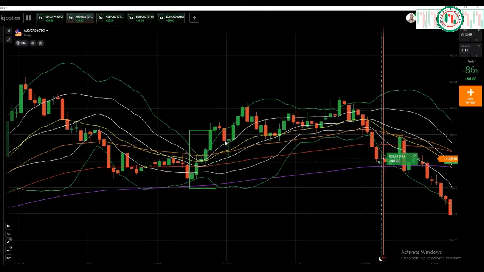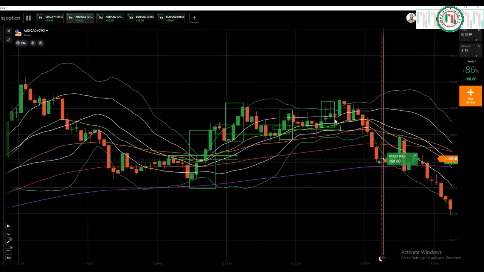And here is another engulfing. Now you see this zone, this engulfing touches this engulfing, which means it's powerful. And here is another engulfing as well, and this engulfing touches this one as well. And here is another one, and this one touches this one as well.